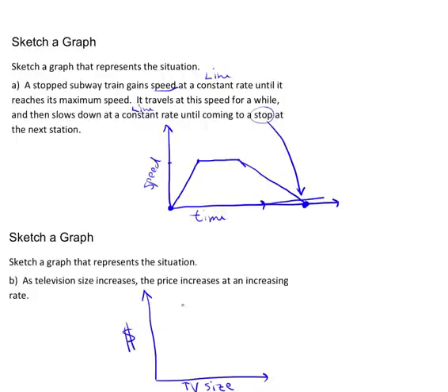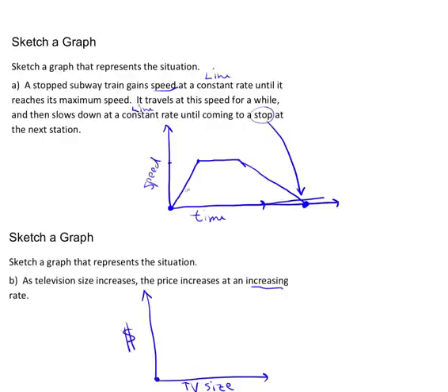So, I think if we have a zero size, we're going to have a zero price. We're not going to be able to buy it unless you want to buy it. So now it says the price increases. So it's going to go up, but it's at an increasing rate.